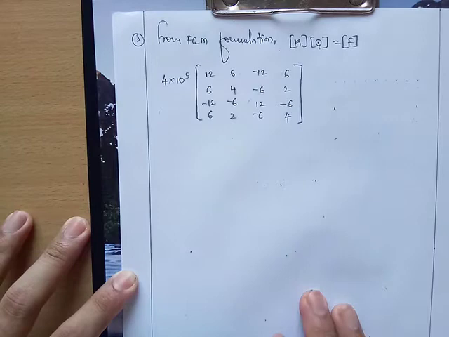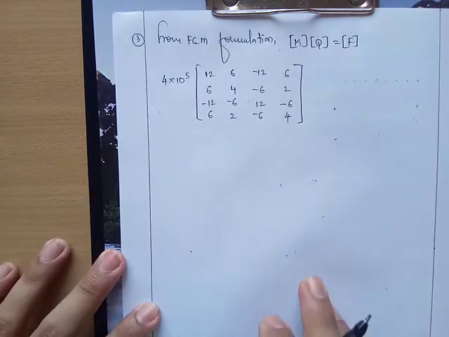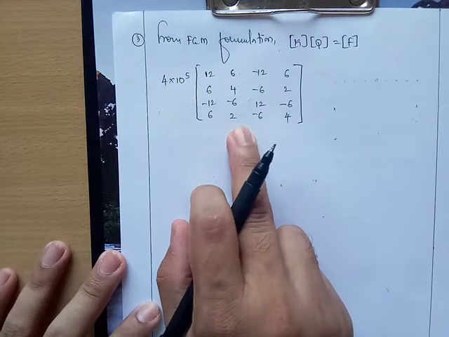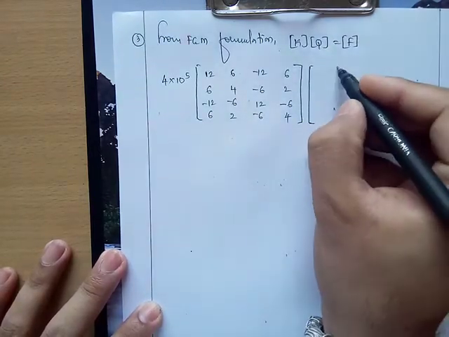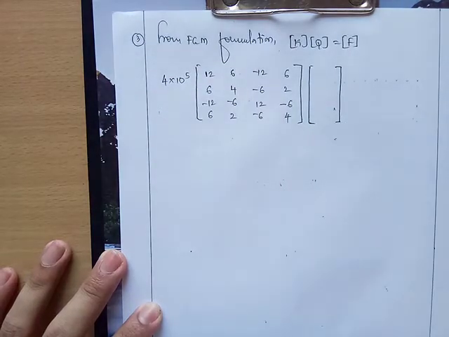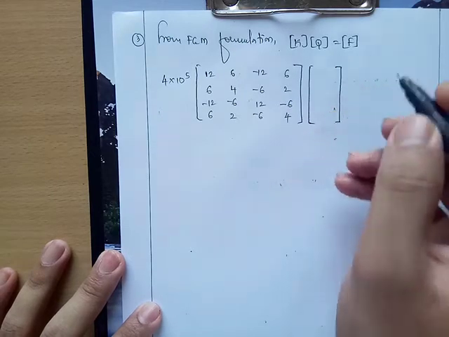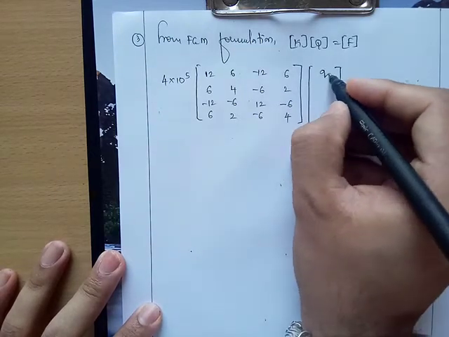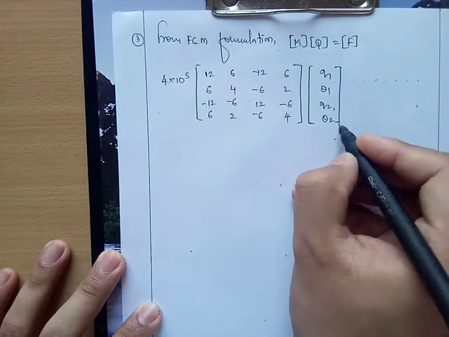While rewriting this matrix, please be careful, don't skip any of these signs. Once you are done with the K matrix, let me introduce the Q matrix. There are 2 vertical translations and 2 rotations possible, so I'll write it as Q1, theta 1, Q2 and theta 2.